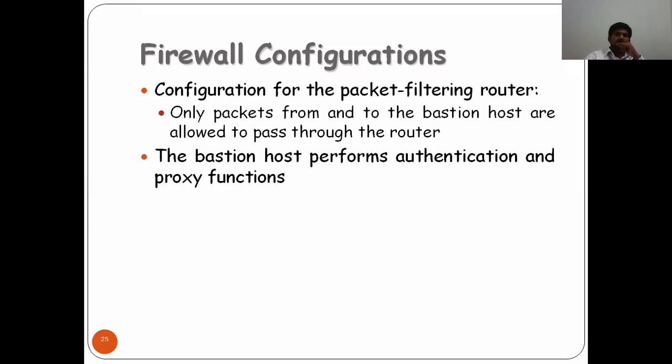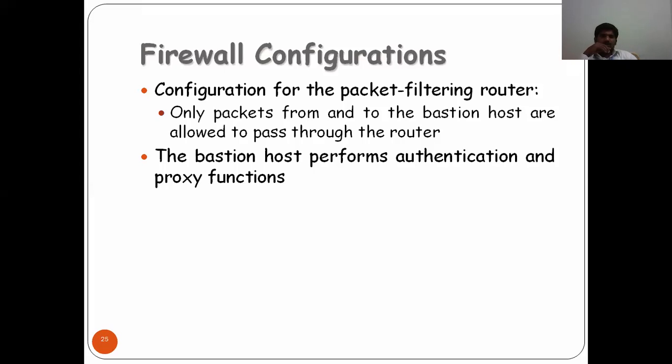In the configuration for the packet filtering router, only packets from and to the bastion host are allowed to pass through the router. So which type of packets are allowed? The packet filtering is allowing them, and the bastion host is going to provide the security. So which type of packets are going to be allowed to the router?